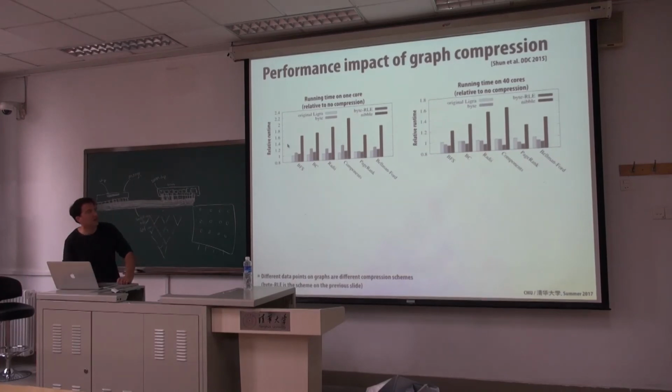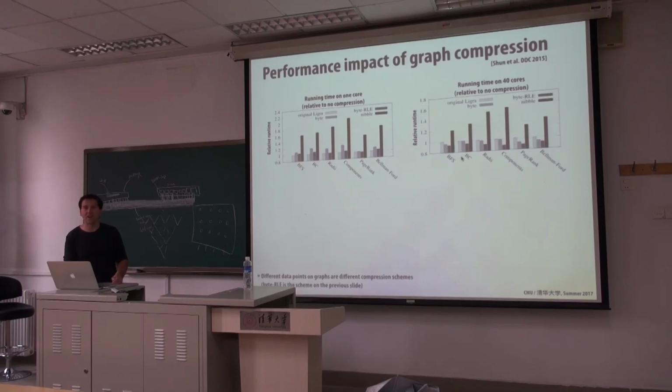So first of all, when running on one core, not parallel, what happened between the baseline and using the compressed graph? The runtime went up or down? Went up. So the program got slower. Compression did not help.